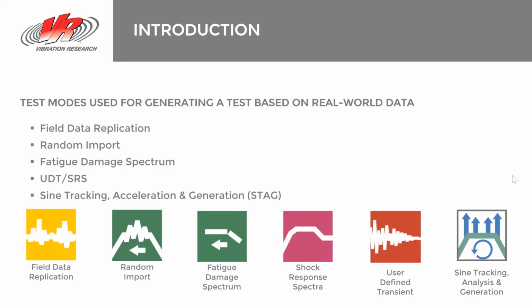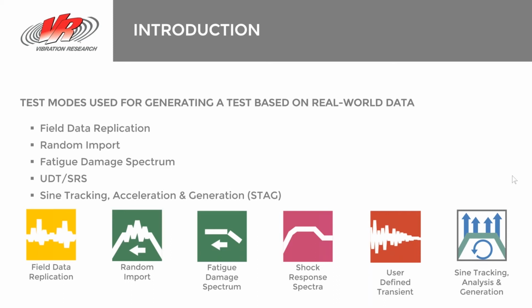And the last icon that you see there on the bottom is sine tracking and analysis and generation. I have my words messed up in the bullets, but it's sine tracking, analysis, and generation. This is a new tool that will be released from Vibration Research in the next couple of days that allows us to analyze an environment that has a strong rotational component that needs to be replicated in testing as sine tones.